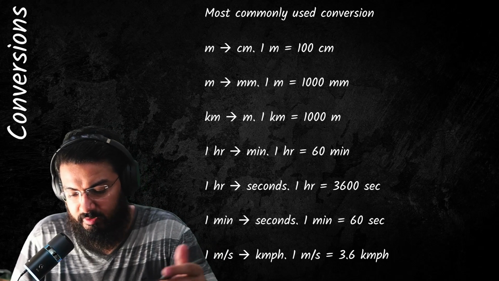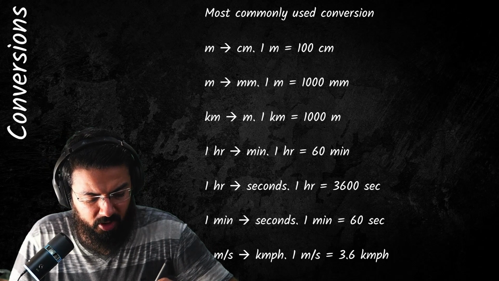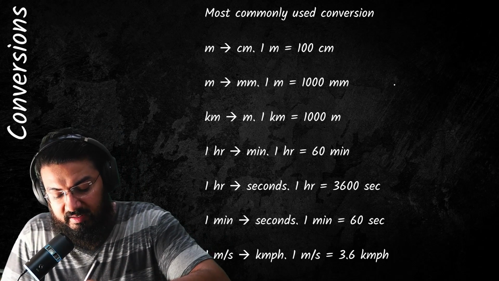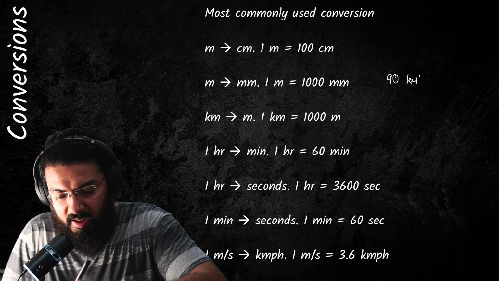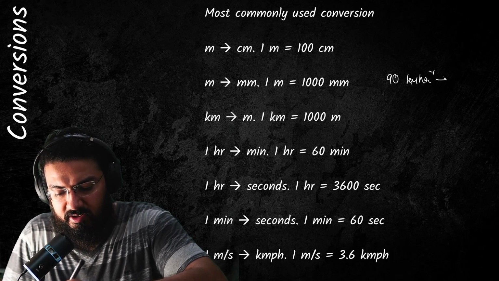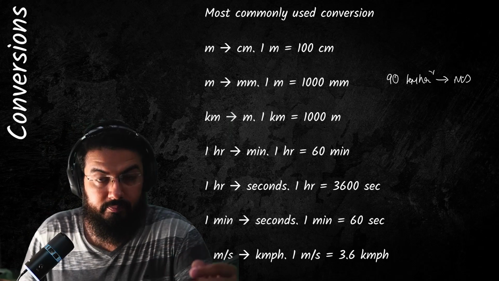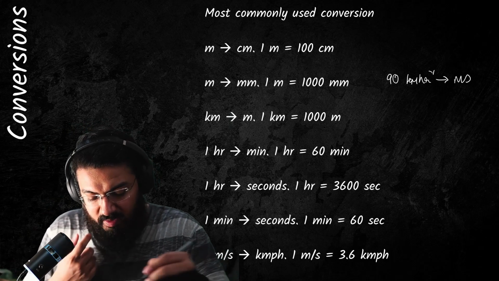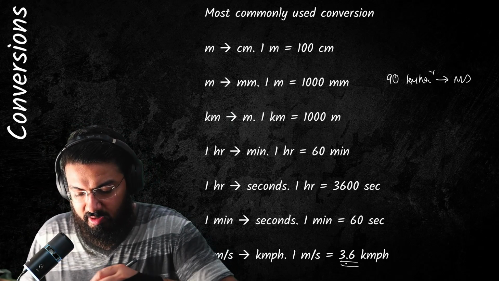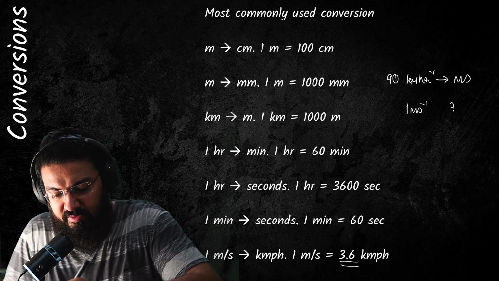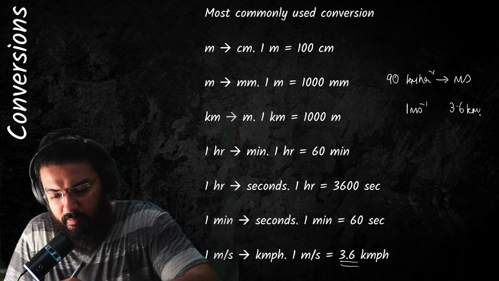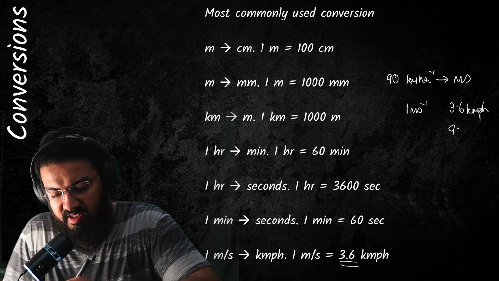All right, so let's say, for example, speed is the most common conversion that you want to do. Let's say I have 90 kilometers per hour and I want to convert this to meters per second. What am I going to do? Very simple. I know that 1 meter per second is 3.6 kilometers per hour. So if 1 meter per second is 3.6 kilometers per hour, how much is 90 going to be?